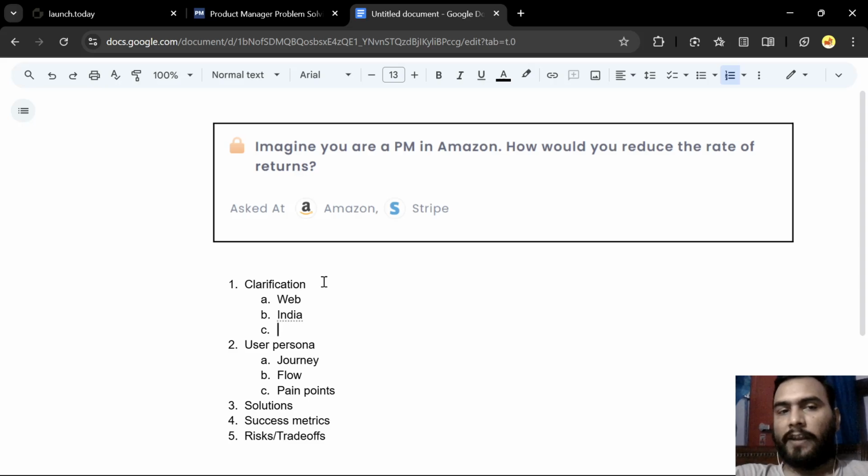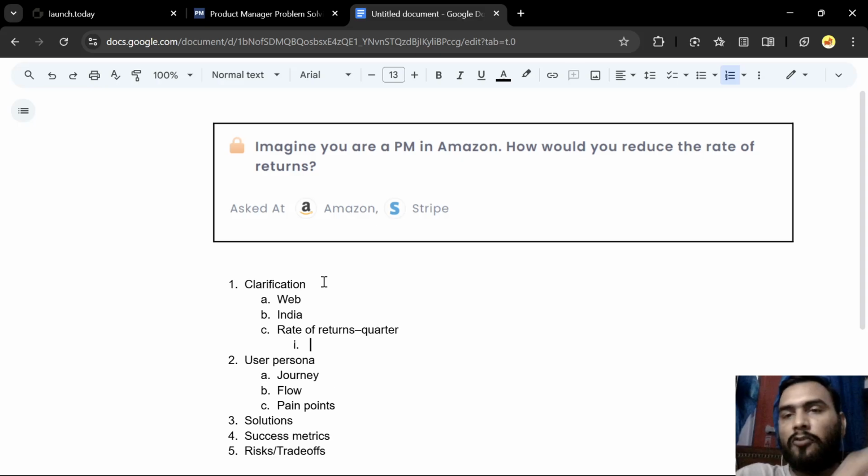Since we are talking about the rate of returns, which is broad, we have to decide on a particular timeline. Let's say for a quarter. And is this rate of return for a particular product category, or do we see it across different categories? So that also needs a bit of narrowing down.